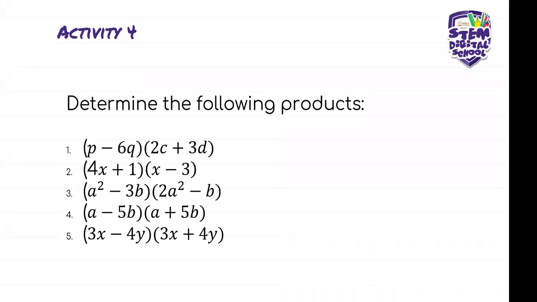Can we expand, and then if there are any like terms, once again, let's collect those like terms. So we have a squared minus 3b, and then open bracket 2a squared minus b.